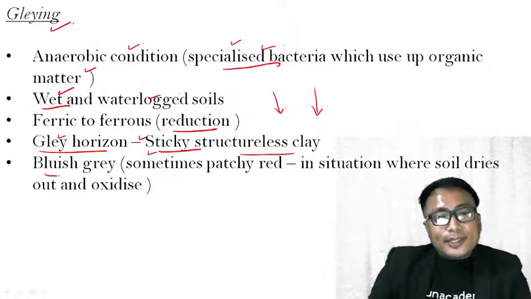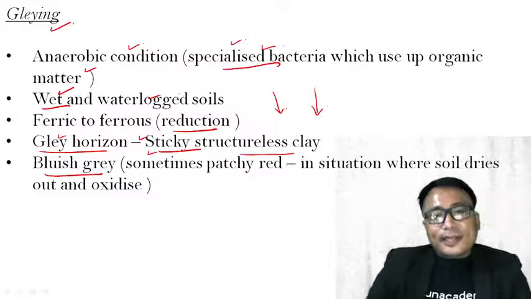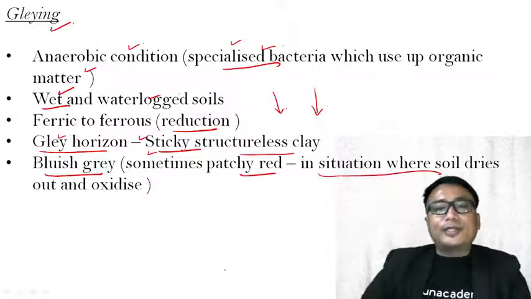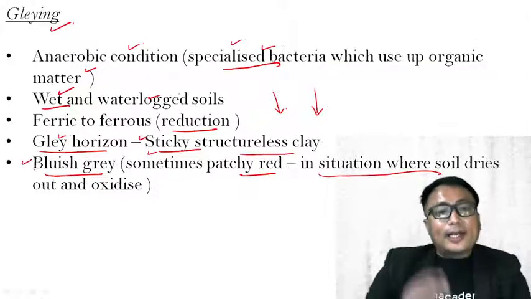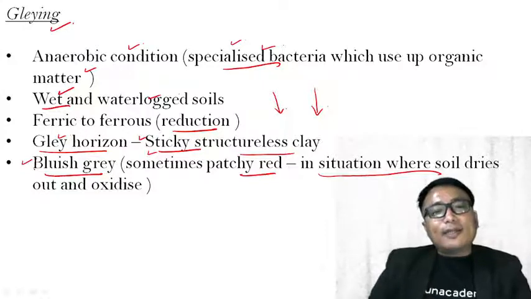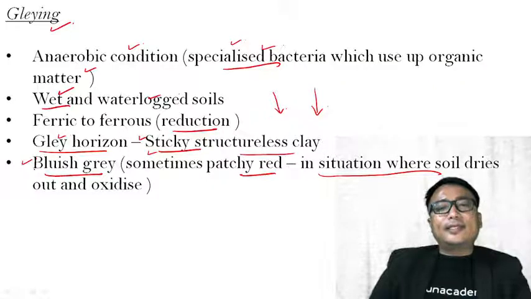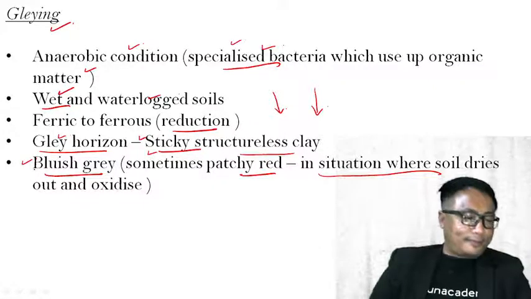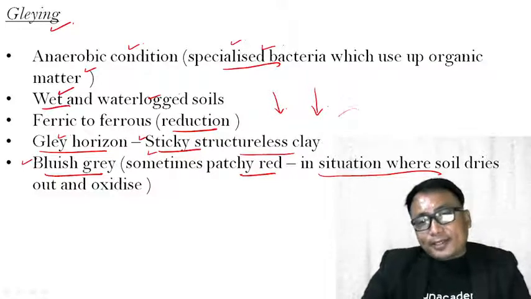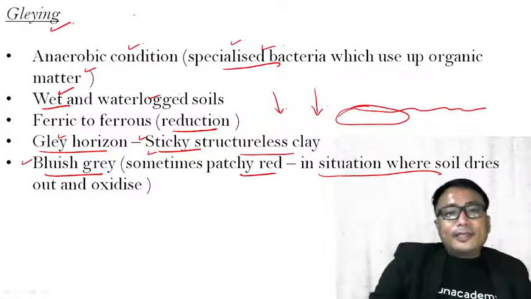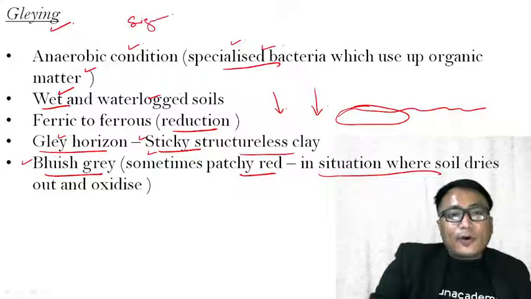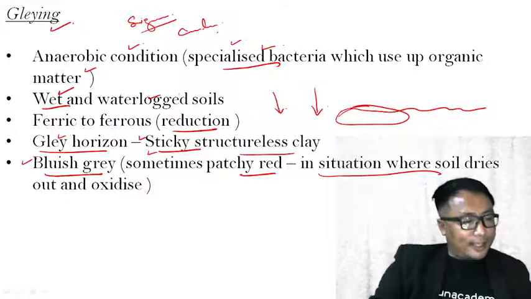Example, the bluish gray color, sometimes mottled in situations where the soil dries out and oxidizes. This bluish gray color of the soil is a result of anaerobic condition, resulting in structureless, sticky clay. In a place with waterlogging or wet conditions, this bluish gray soil will be formed. The importance and significance of the color of the soil we discussed yesterday.